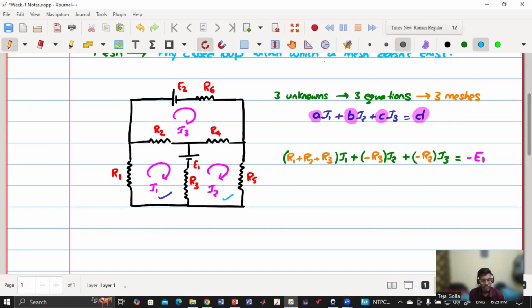If I'm going into mesh 2, then the I2 coefficient will be the sum of the resistances in that mesh, and the rest of the coefficients will be the negative of the resistance that is common between the meshes. So the coefficient of I1 will be the negative of the resistance that is common between mesh M1 and M2. Can someone tell me that value, the I1 coefficient?